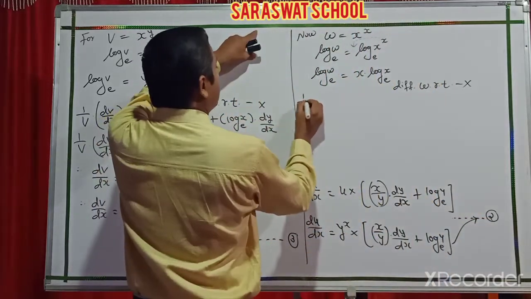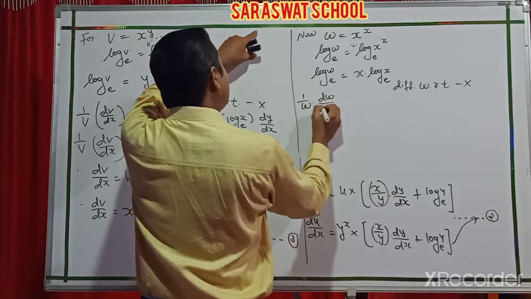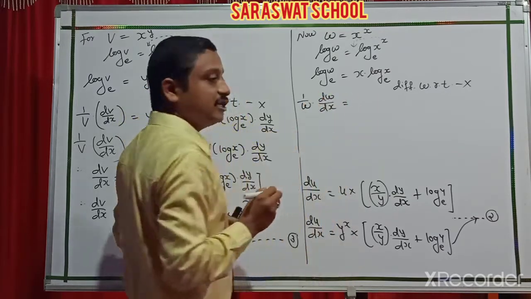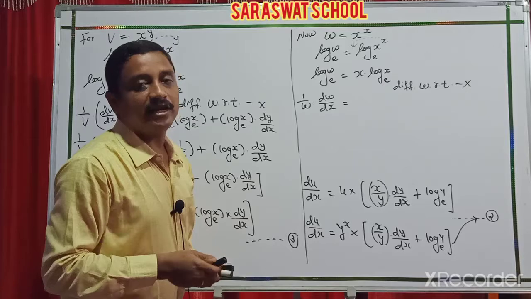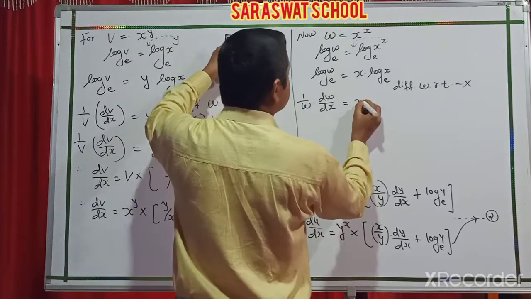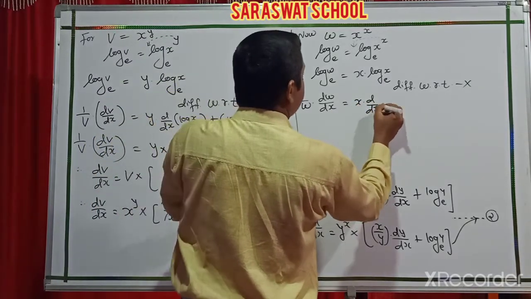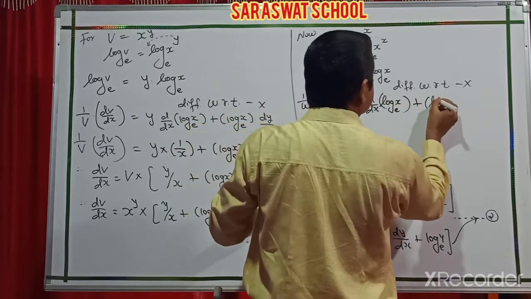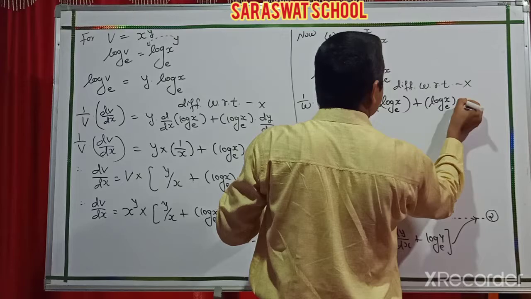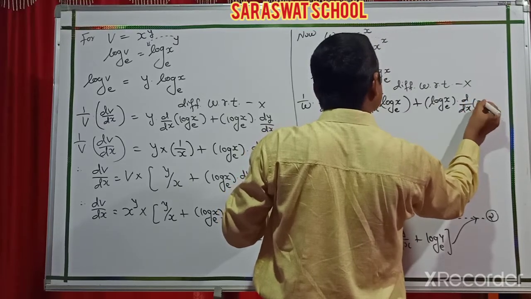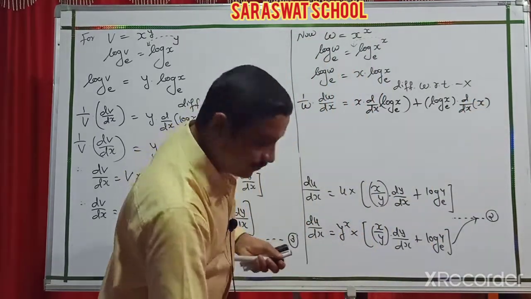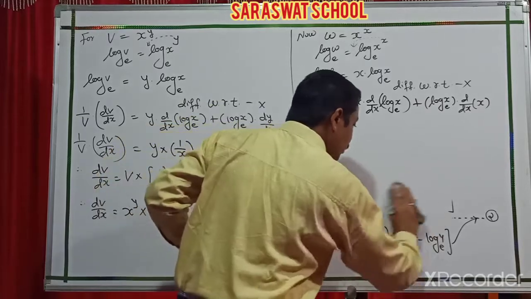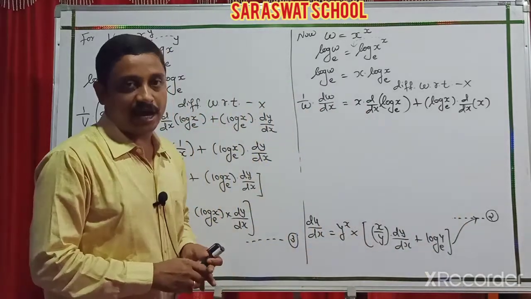So here 1 by w, derivative with respect to x is dw by dx, and here apply our product rule. First into d by dx of second plus second into d by dx of x. It is a big numerical, students, and this full value I derive one by one.